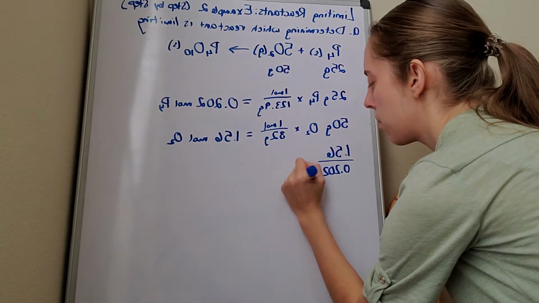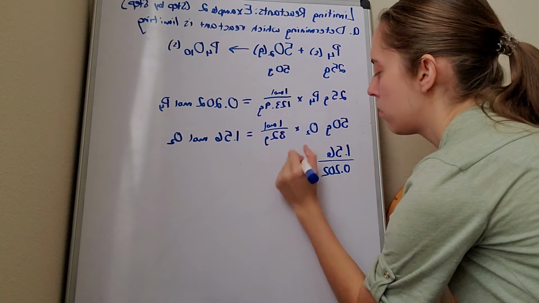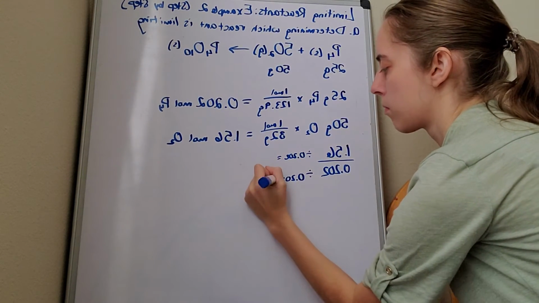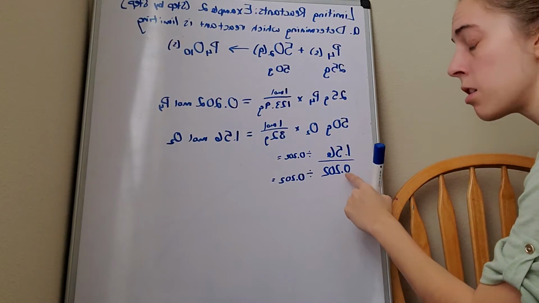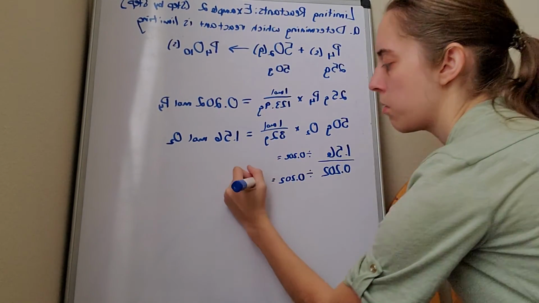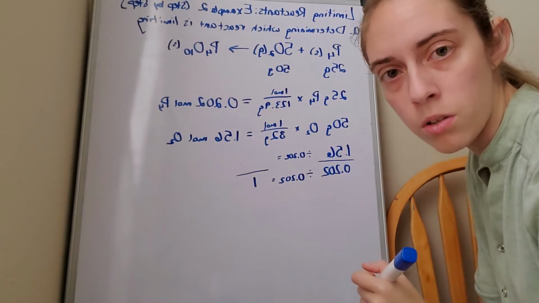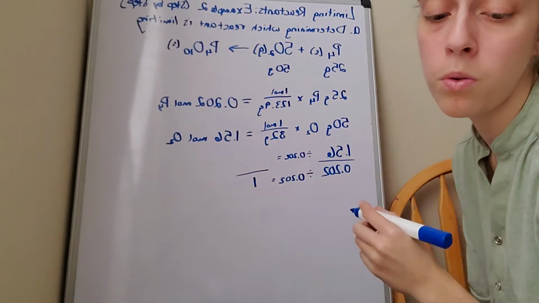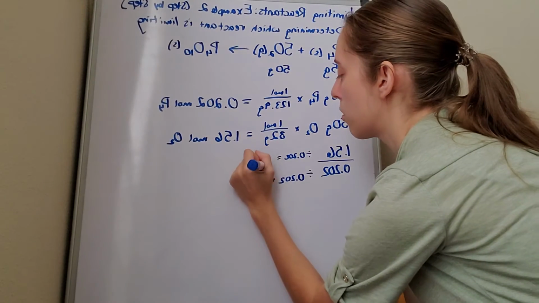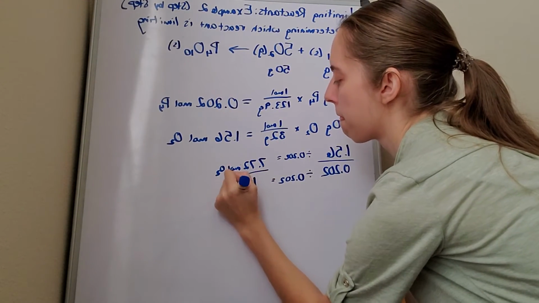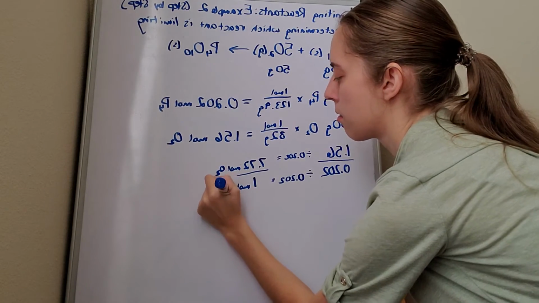So 0.202 divided by 0.202 equals 1. 1.56 divided by 0.202 gives you 7.72. And this is O2, and this is P4.